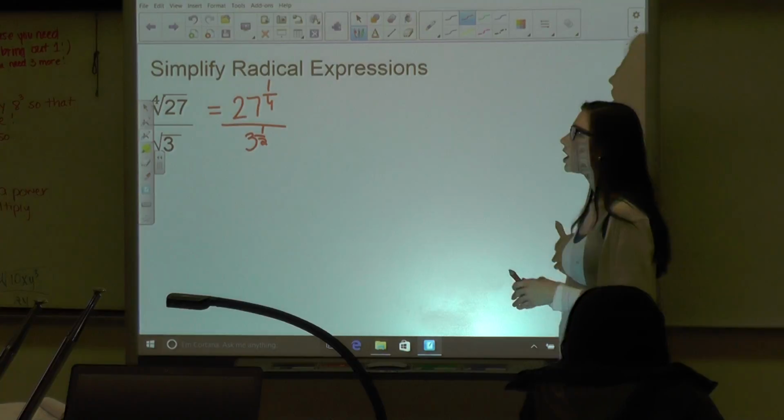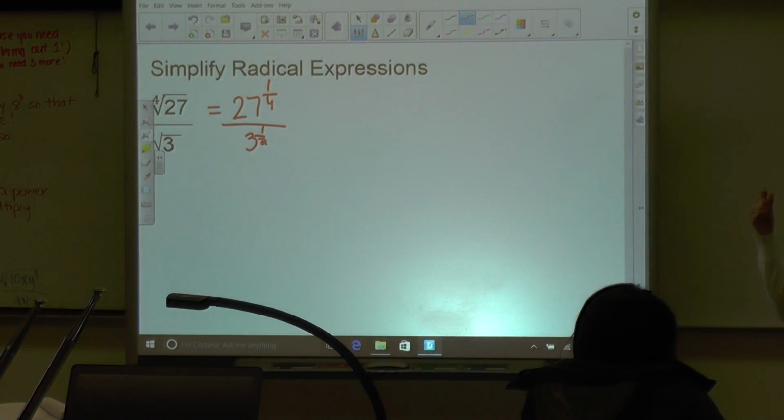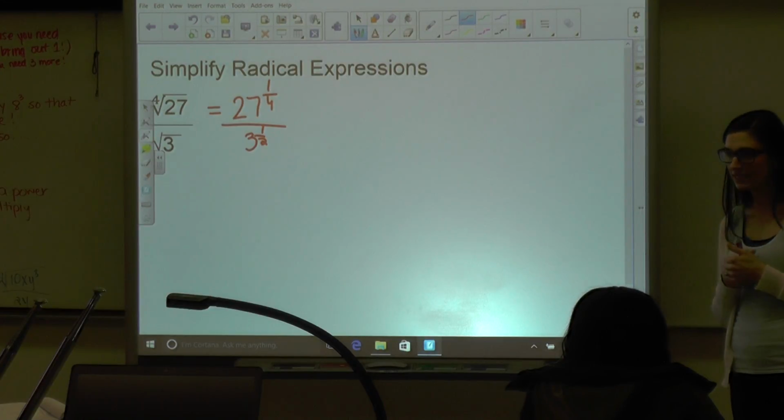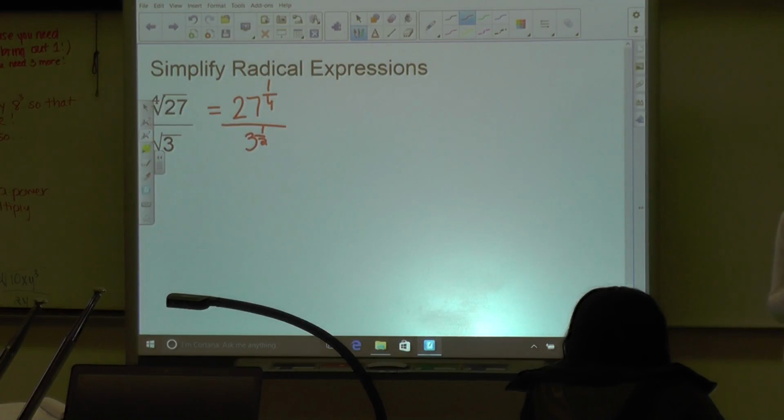Yes. Okay, so the next thing, with your power rules, it only works if you have the same base. So you can't use the power over a power rule for this and do 1/4 minus 1/2, because 27 and 3 are not the same number.